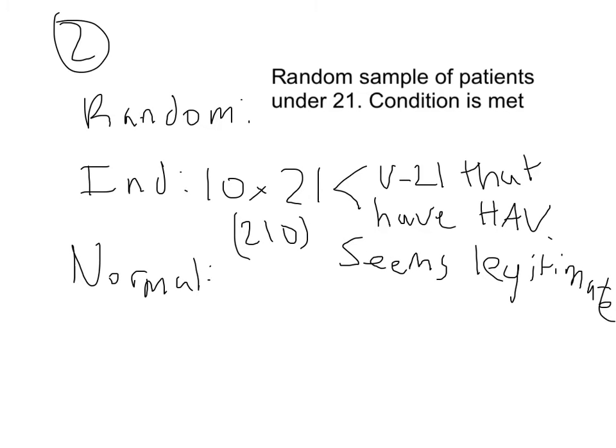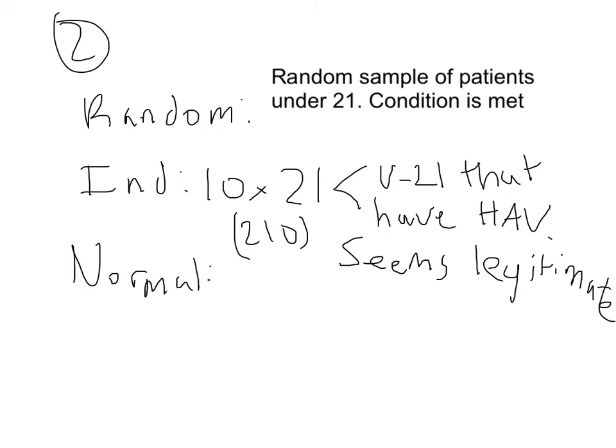And now going on to the normal condition. Because this is not a proportion, this is a mean, you will base it off of the CLT. And something very important is that we know the CLT is not met, because the sample size is less than 30.